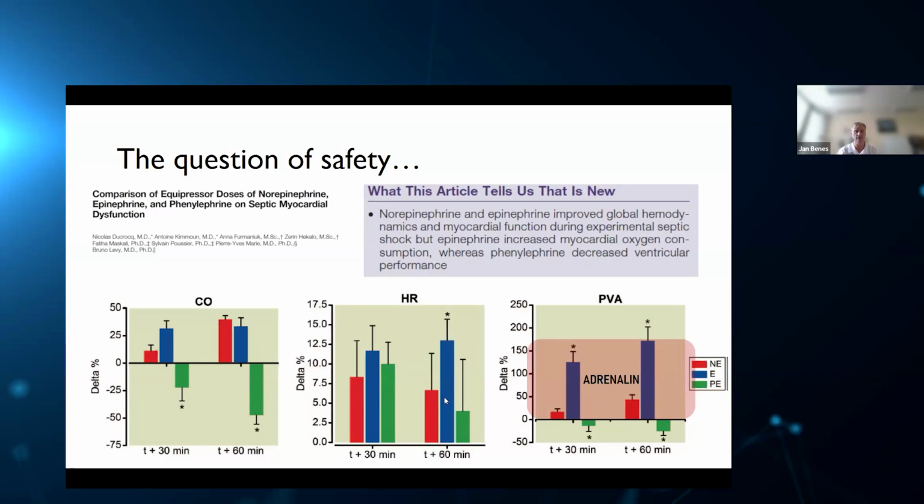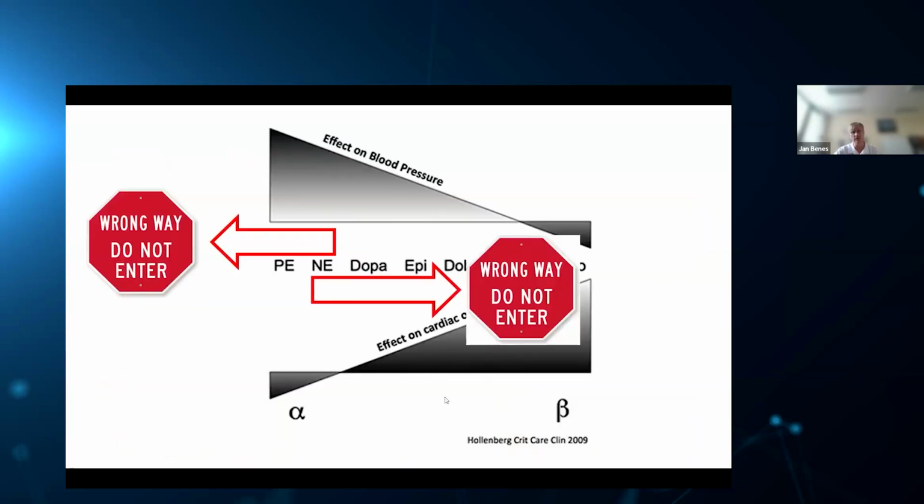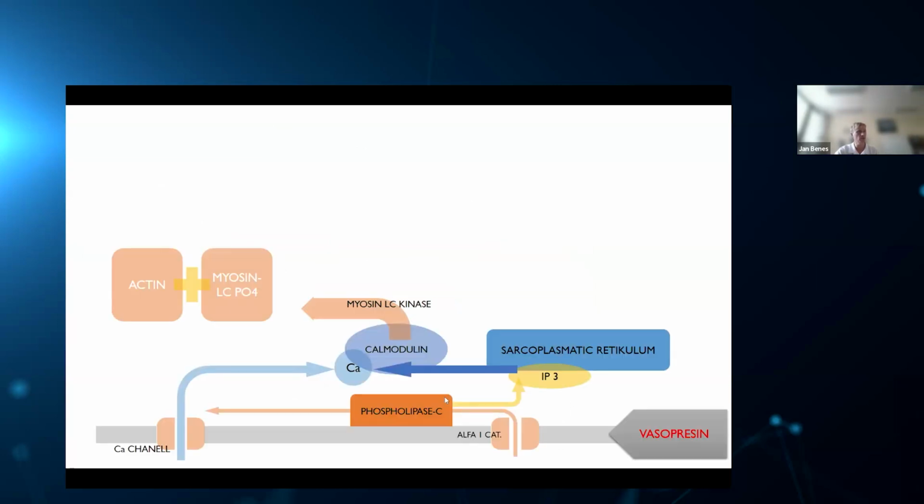And usually in septic shock patients who have a poor diastole and a high heart rate, the increase in oxygen consumption within the heart may be a risky situation. So not even on the right side. If you make a U-shaped curve, what's the best? Norepinephrine will be the drug with the least risk among the catecholamines.